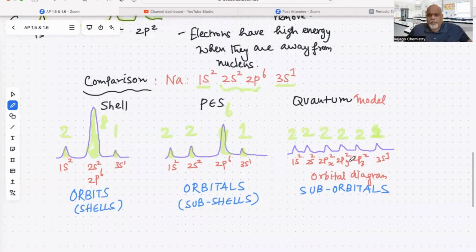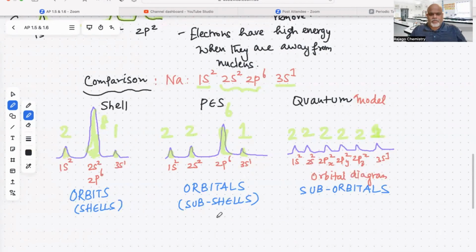This is a hypothetical understanding as a graph, but that is the reality. I'm just trying to draw it in such a manner that you try to understand. If you draw a graph for the shell model and the quantum model, that's how it's going to look compared to the photoelectron spectrum model. But understanding this is very, very important, because at least a couple of questions come every year.